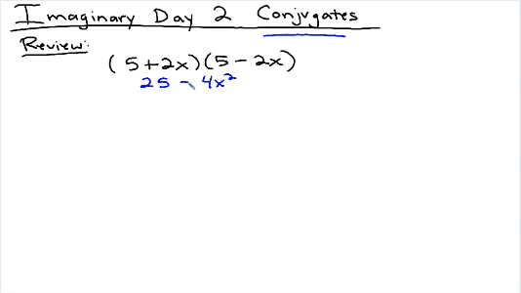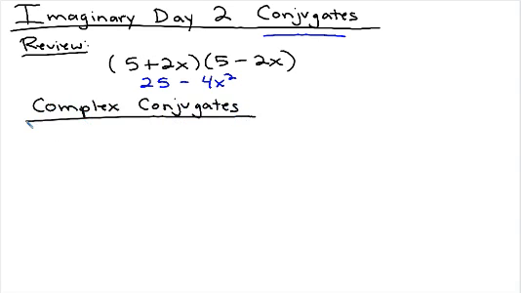Well, that can happen as well when we're dealing with what's called complex conjugates. Been working with imaginary numbers with our old friend i, and complex conjugates are essentially the same setup as a difference of two squares.